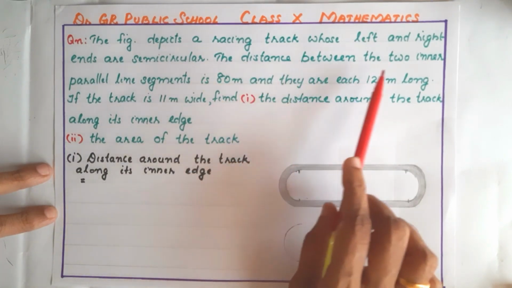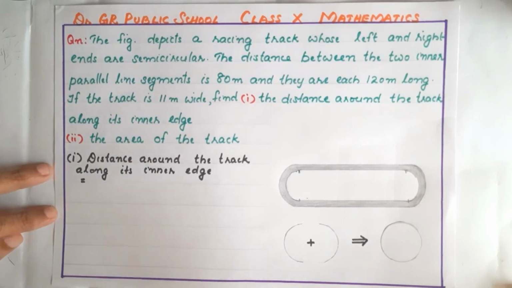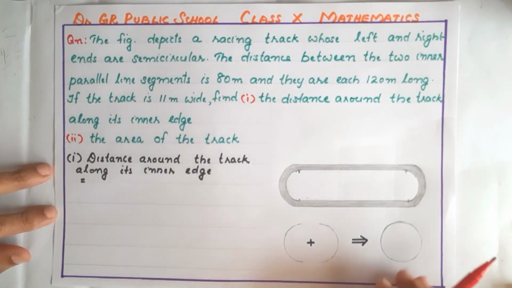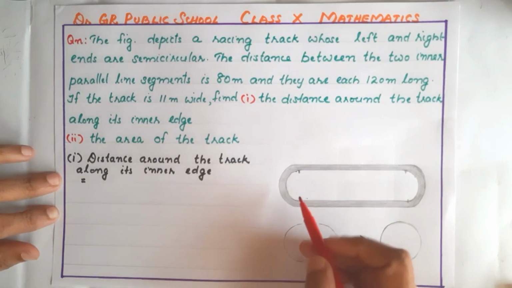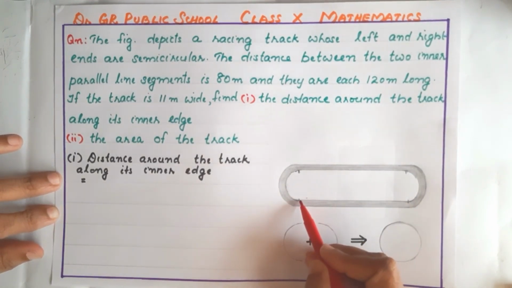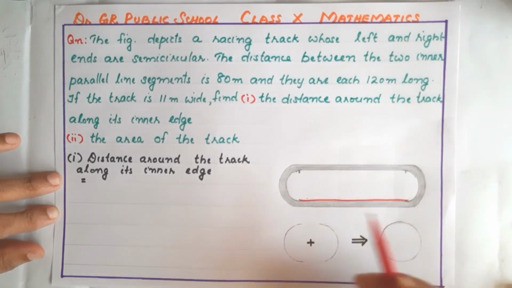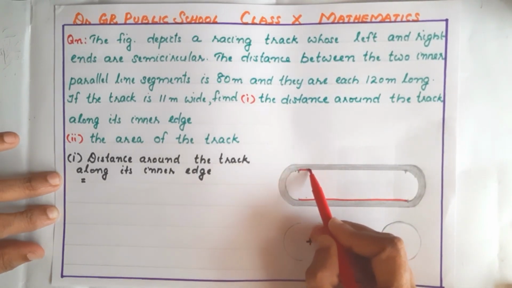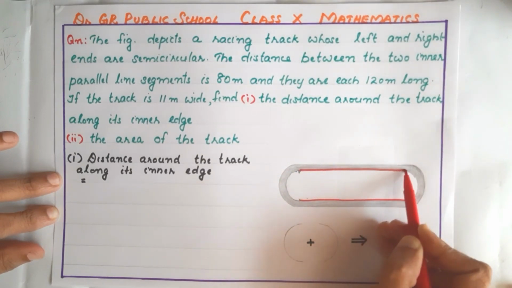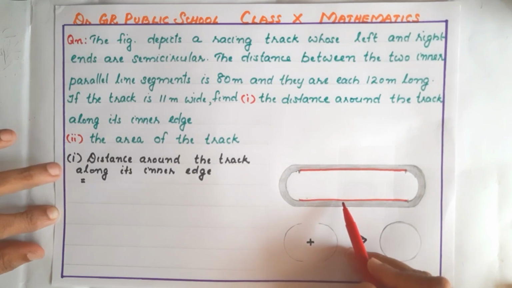The distance between the two inner parallel line segments. Which are the inner parallel line segments? Here this is one line segment, and this is the other one. Okay, these are parallel line segments.